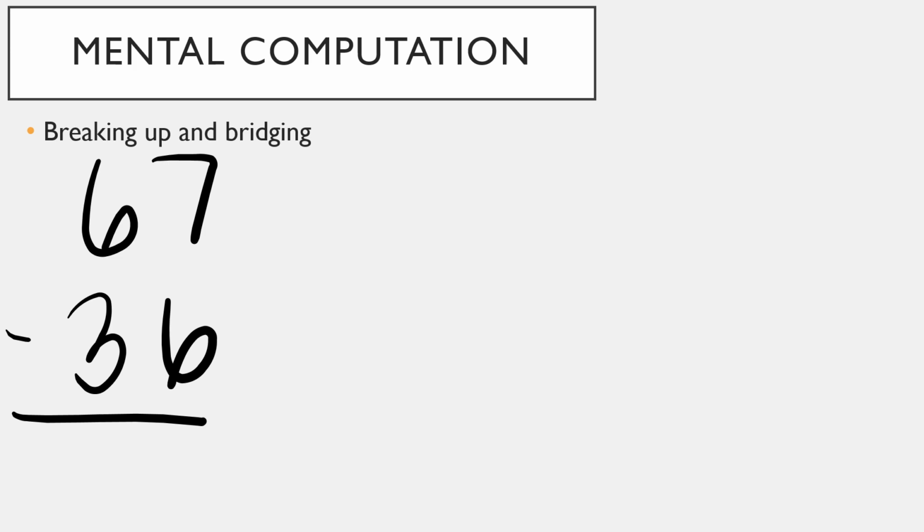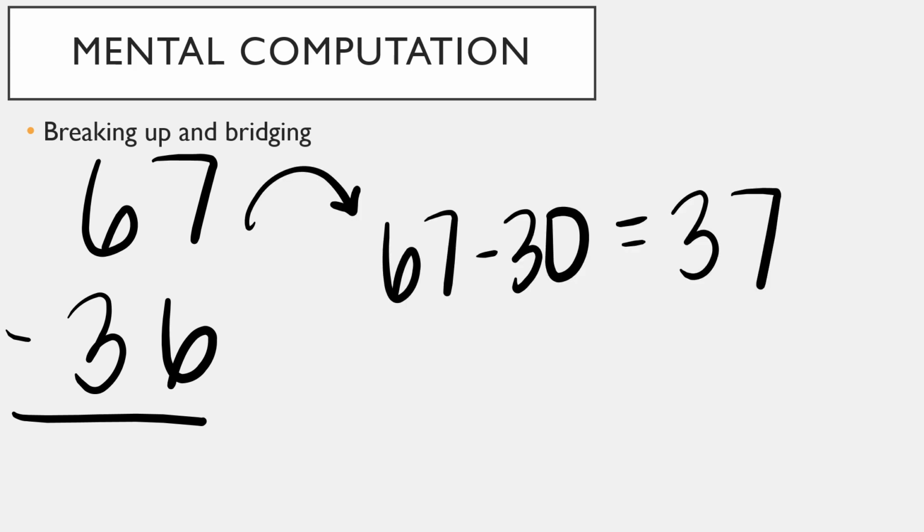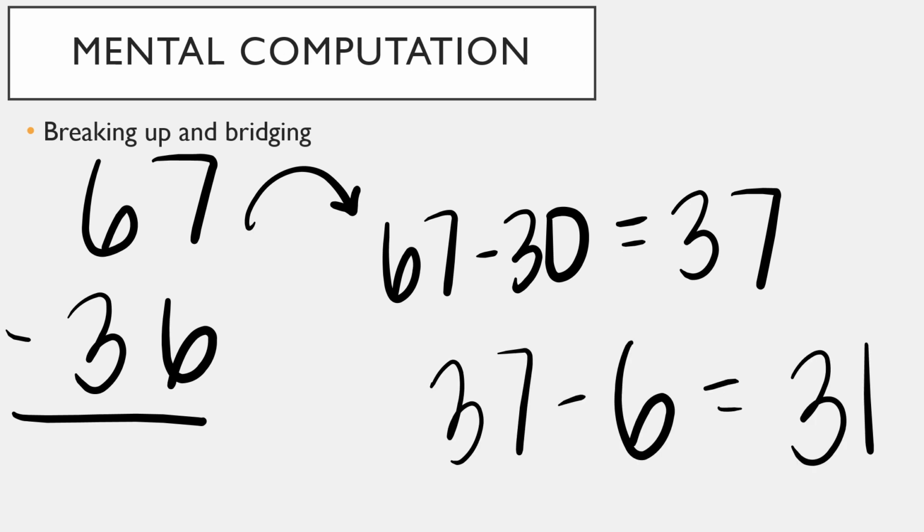So 67 minus 30. You start by taking 67 and subtracting 30. That gives you 37. It's always easier to subtract a number that ends in 0, so we start off with that. Then we say, okay, we subtracted 30. We need to subtract 6 more. So you take your 37, subtract 6, and there's our final answer of 31.